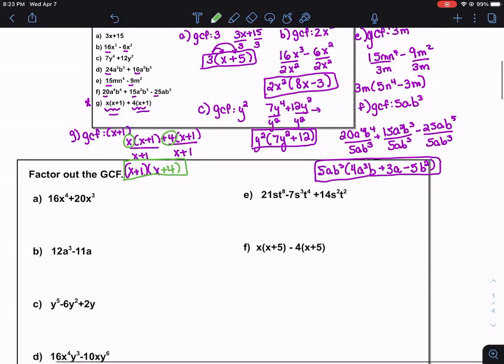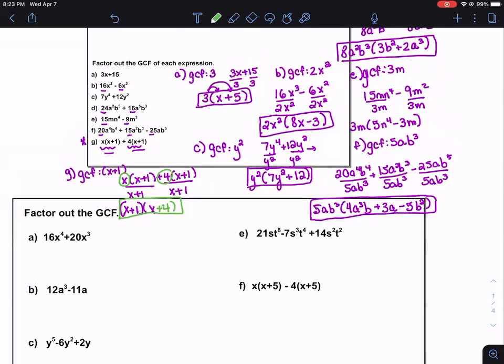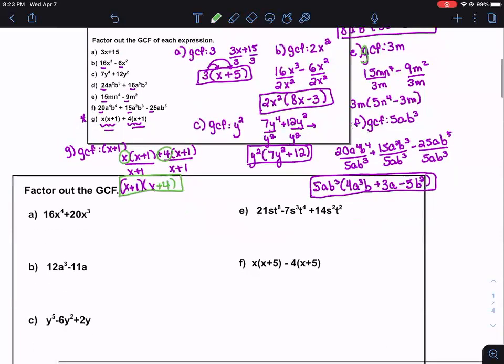On the number C, how did you get the Y? There's no Y there. That's a G. That's the letter G. There's no Y. Letter C, sorry. I apologize. I was looking at E. Okay. So for letter C, 7 and 12 are not divisible by anything in common.